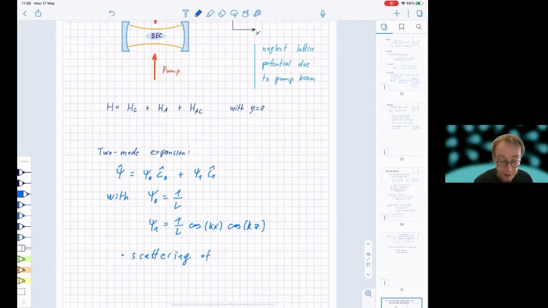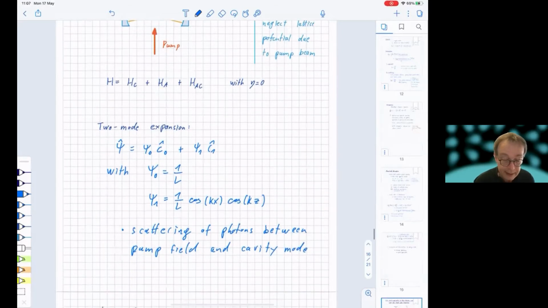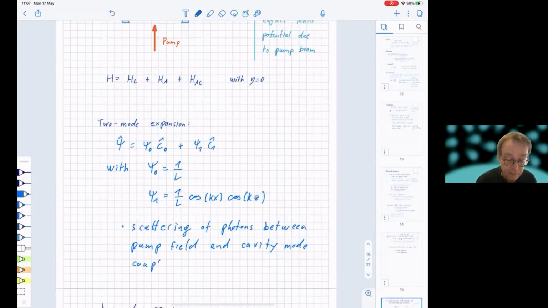Scattering of photons between pump field and cavity mode couples psi0 and psi1.